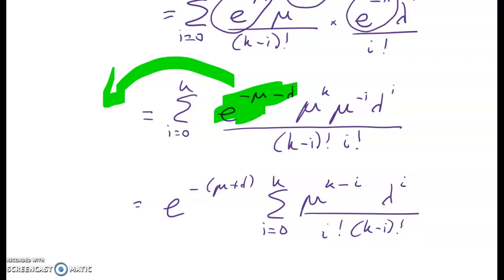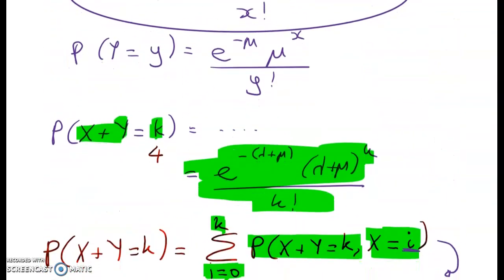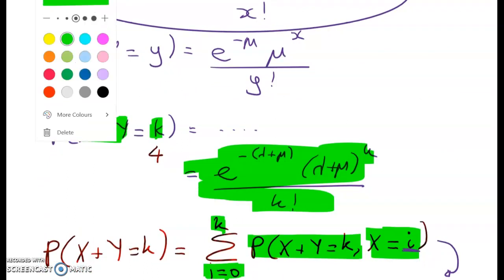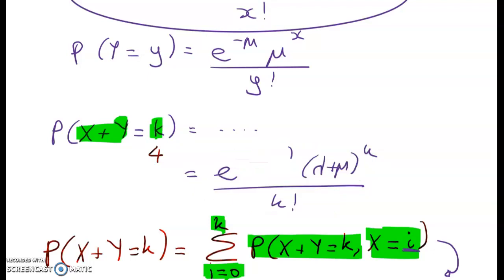But let's look at what we're trying to get to. Let's go back to the very first line and see where we want to be. Right, we've got negative mu plus lambda in here.